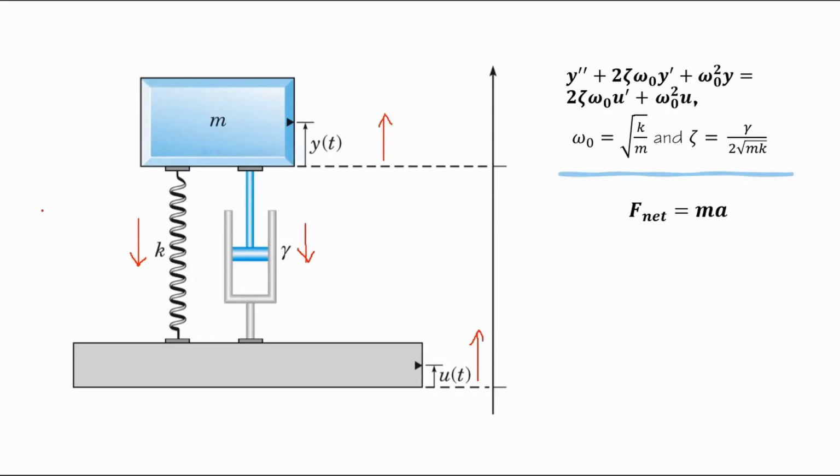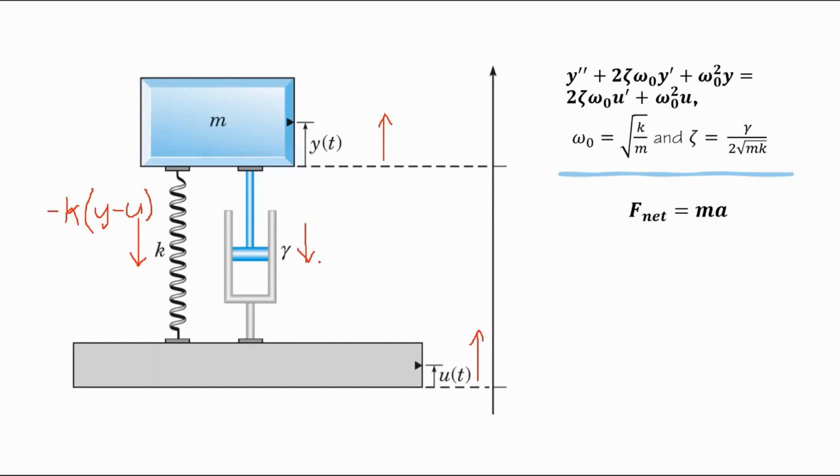The spring force, since it's going down, will be negative, and then the spring coefficient k, and then the displacement. What is the displacement? So we have the displacement y, and we also have the displacement u. To get the net displacement, we need to subtract y and u. So that will be y of t minus u of t.